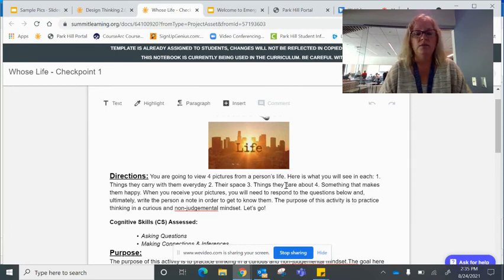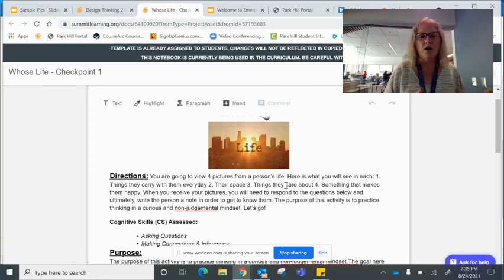Because you're eventually going to get someone else's life pictures, and we want to be able to discover this person without any cheat sheets along the way. So no phone numbers, no addresses. Anything like that that could possibly identify you, just take it out before you take a picture of it.